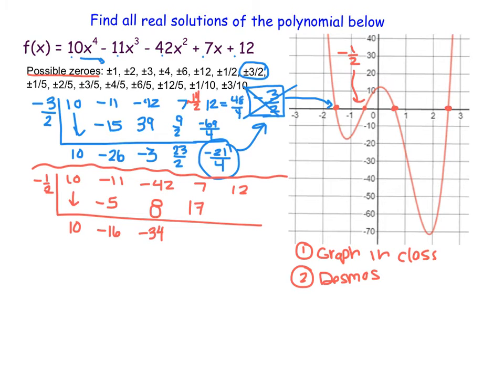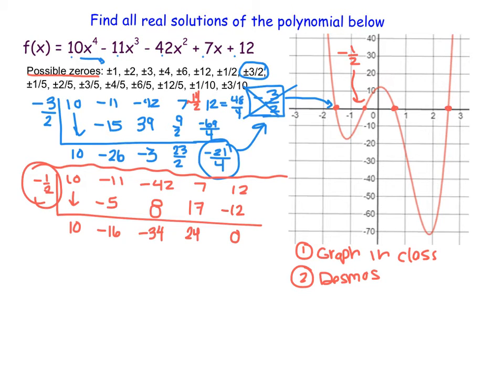I then add straight down here, and I end up with 24. 24 times -1/2 is -12. Add straight down, and I get 0. So what this tells me is that -1/2 is in fact a factor.